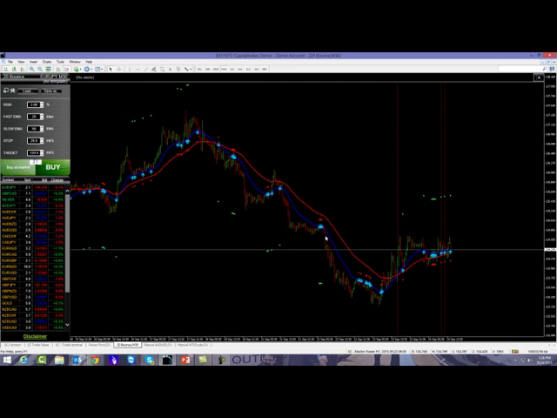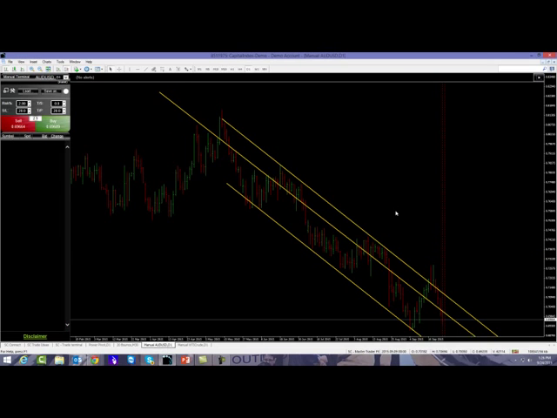So out of 5, if you catch 1, you're already laughing, even if you lose all the other trades. So you can play with it, test it, backtest it, triple test it, and then if it works, you can start trading it, and then enjoy the profits. Cool. That was the 20 pounds. Let's go on to something else.